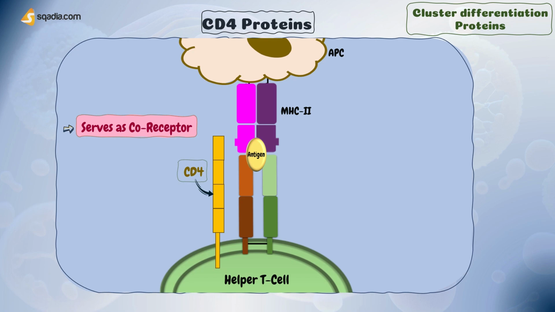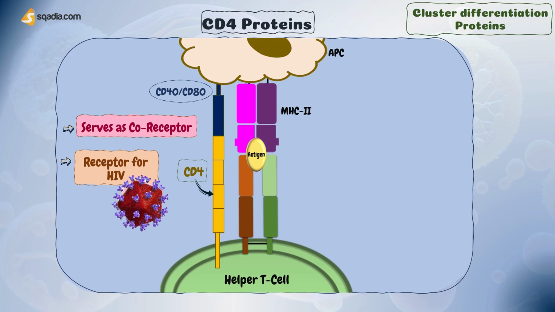It enhances the binding of the TCR to the antigen MHC2 complex, leading to stronger and more specific T cell activation upon antigen recognition. And they do so by interacting with coreceptors on APCs, such as CD40 and CD80. These interactions provide additional signals for T cell activation and modulate the immune response.